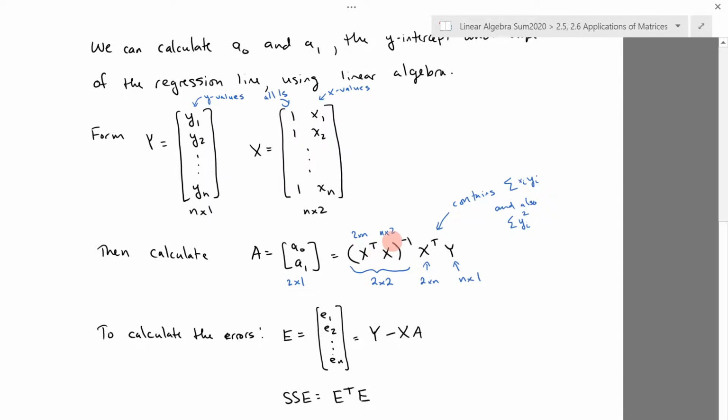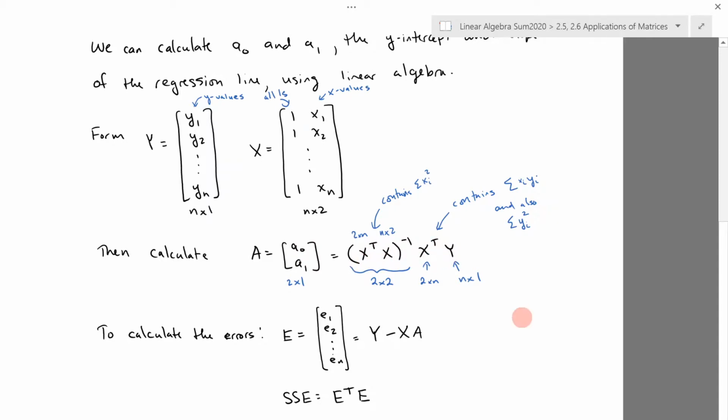And then this X transpose X part contains the sum of the squares of the X's. Again, if you know the formula for A0 and A1, it's a combination of these things. And so we can produce A0 and A1 through matrix multiplication in this way.